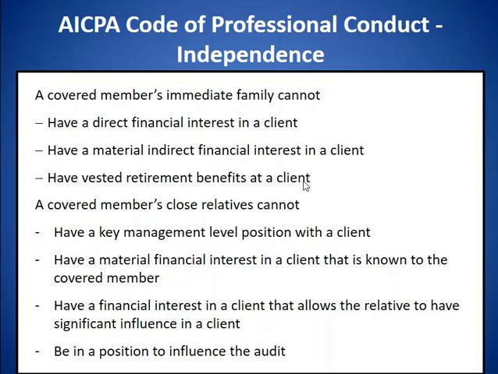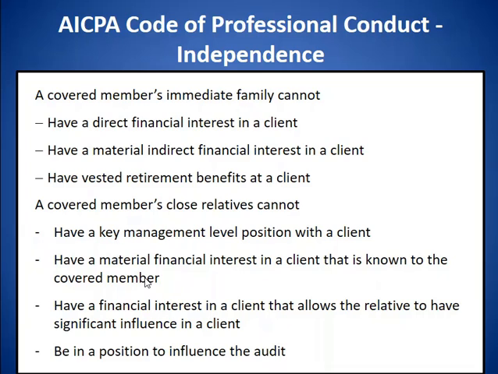Okay, now we move to the next level of relatives, and it says a covered member's close relatives, as we defined in our previous slide, cannot have a key management level position with the client. Covered members' close relatives cannot have a material financial interest in a client that is known to the covered member.